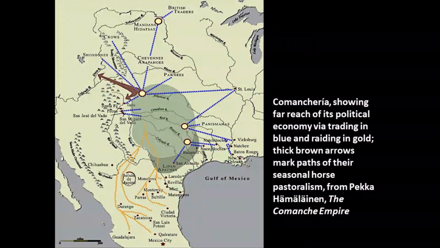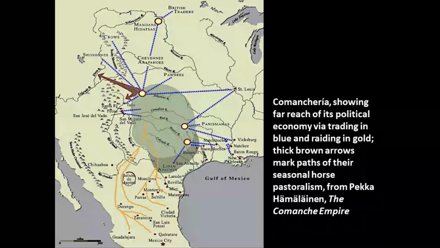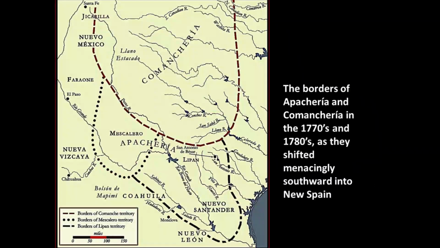But what's really fascinating, if you look at traditional stories, they will say, oh, well, the Comanches beat the Apaches. And they will talk about it as being a blood feud. Of course it wasn't a blood feud. This is a border war. They're both powerful nations, and they're fighting it out, just like France and England did forever in Europe. But what we should keep in mind is that, in fact, the Apaches didn't lose.